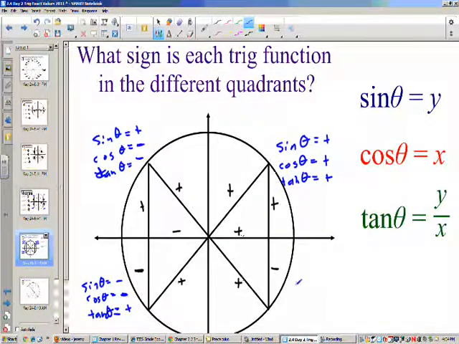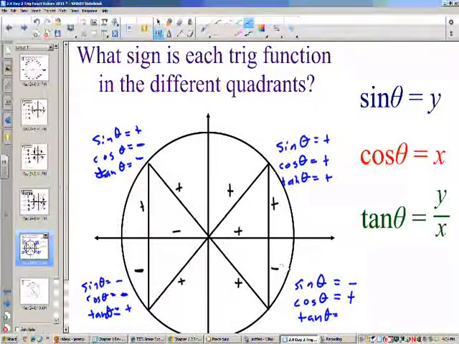Now in this last quadrant, quadrant 4, sine is going to be negative over positive, so negative. Cosine is now going to be a positive over positive, which is positive. And our tangent is going to be negative over positive, which is negative.